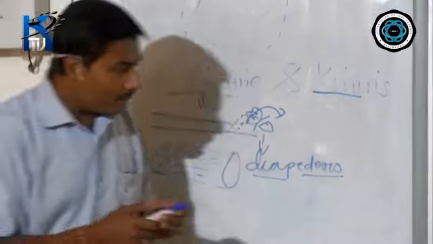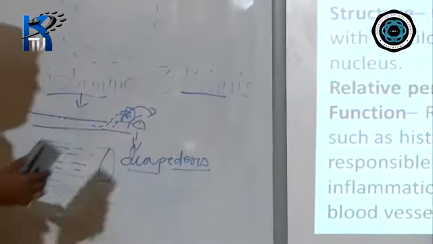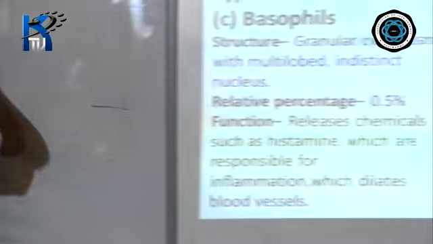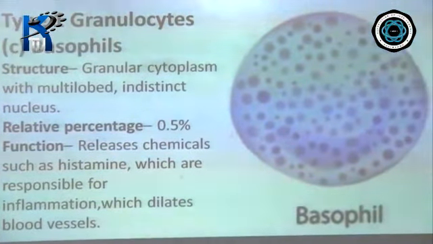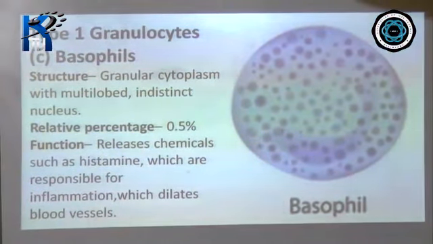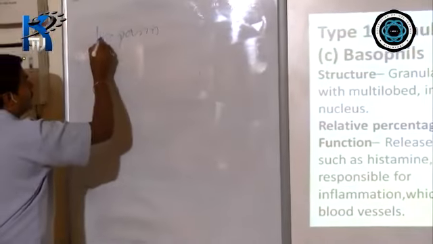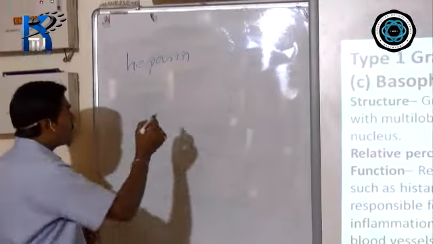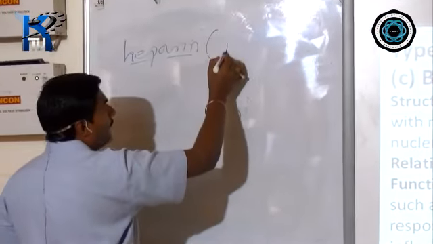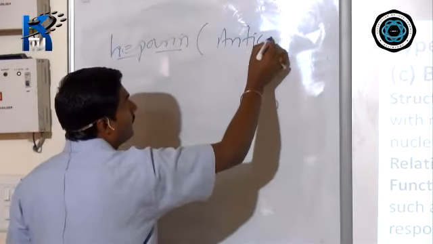At the same time, the basophil also produces one more chemical compound that is called heparin. Heparin is an anticoagulant.